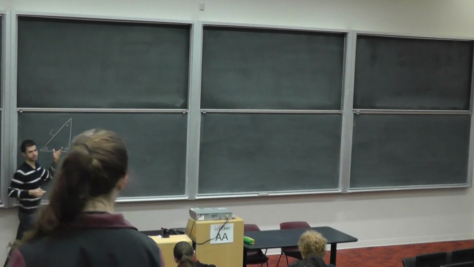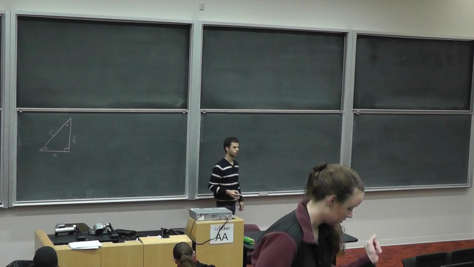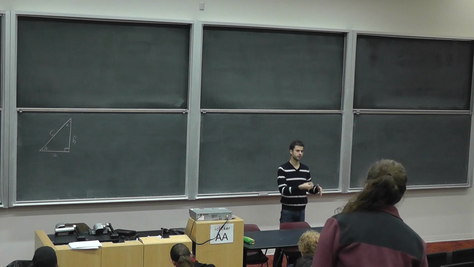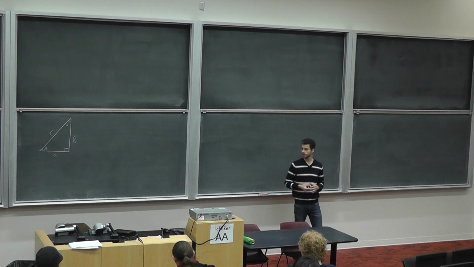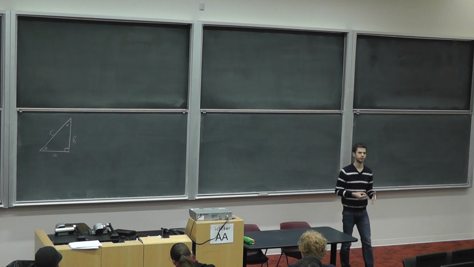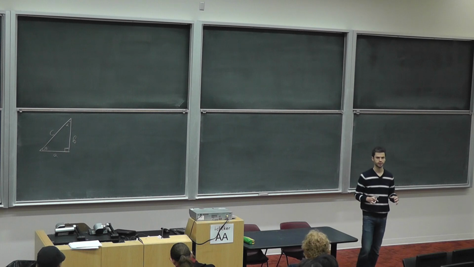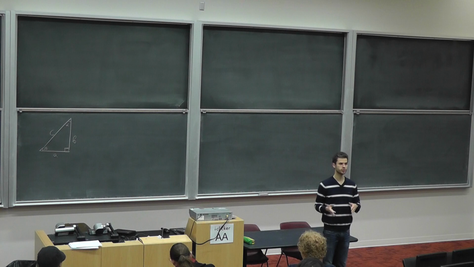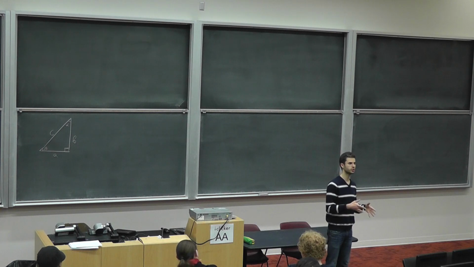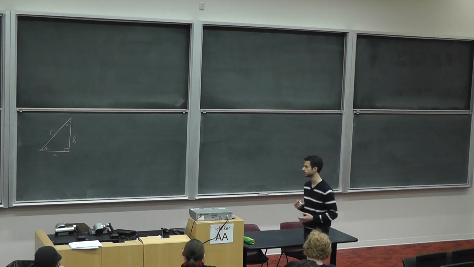Given the size of this triangle, how to find the angles alpha and beta? Or given the angle and one of the sides, how to find the other sides? So these are the questions from geometry. Or maybe the triangle is not even a right angle triangle, just a triangle. So it turns out that in all such problems in geometry, you need to use the same things over and over. Some measures of the angle, some functions of the angle, and they will be called sines and cosines.